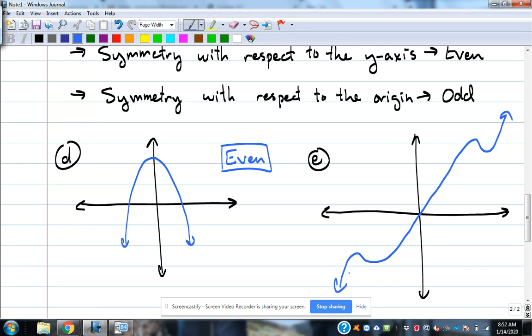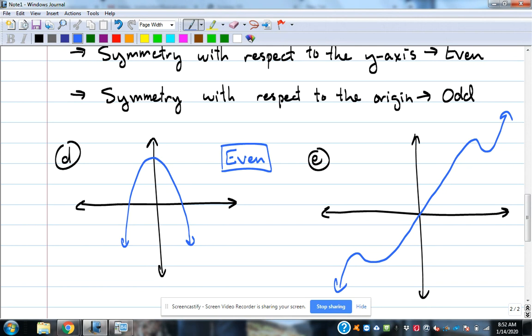That's a tough one to draw, but maybe we get the idea here. I folded that across and then folded it down. Would it match up? With respect to the origin, it means folded across and then down.